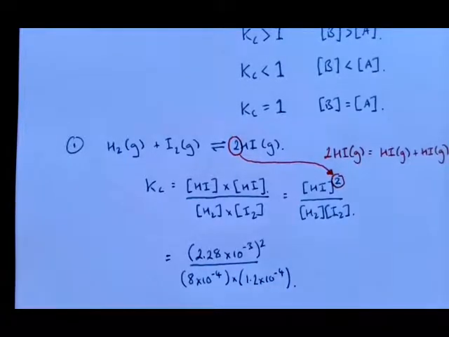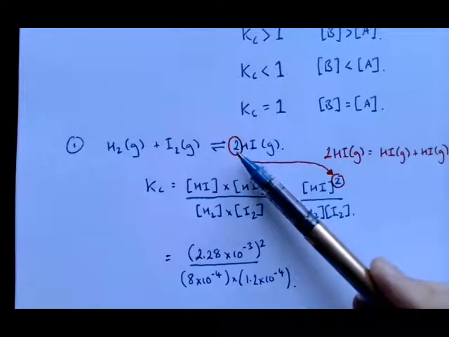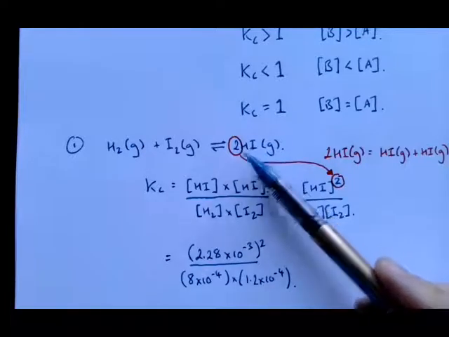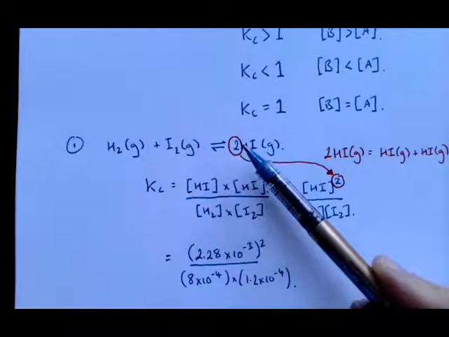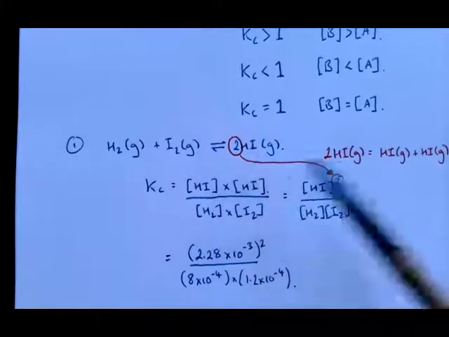Now, you can see that the concentration of HI is an order of magnitude larger. This is 10 to the minus 3. These are both 10 to the minus 4. So the concentration of this is much, much larger than the concentration of these two. So I'm expecting my value of Kc to be at least larger than 1.